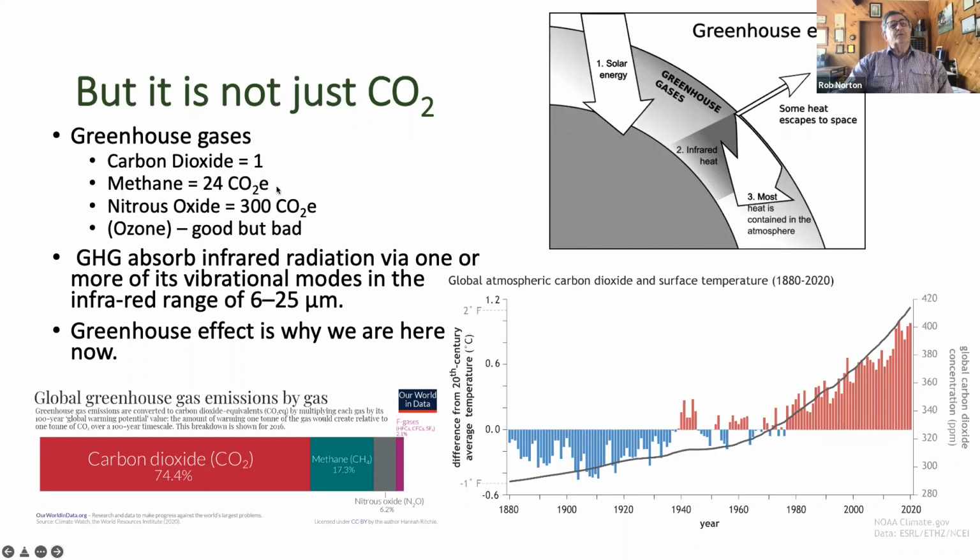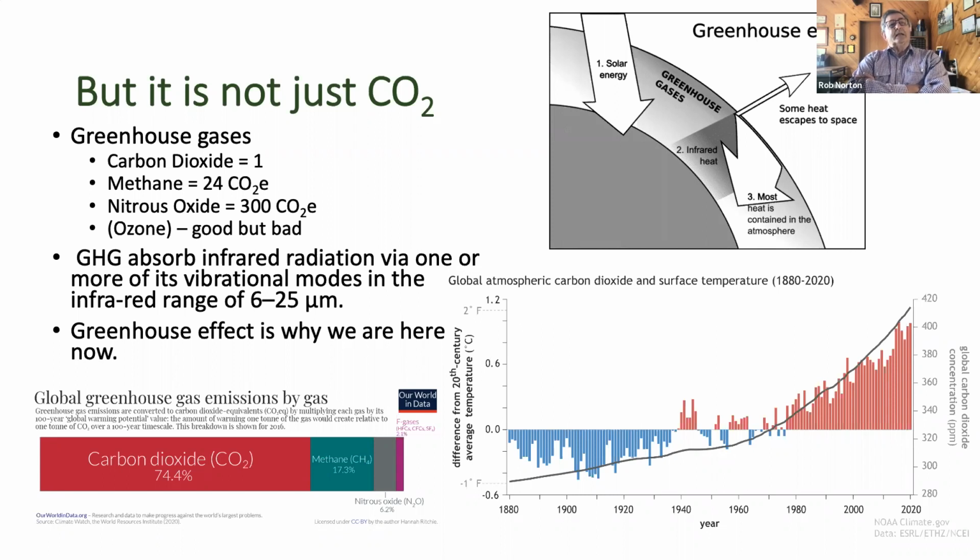Methane, which is derived mostly from enteric fermentation, that is from ruminants belching, has about 24 times the global warming potential of carbon dioxide, and nitrous oxide, which is produced often through soil nitrogen transformations, has about 300 times the carbon dioxide equivalents.